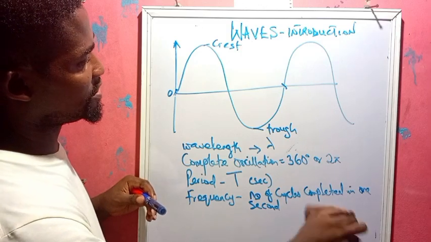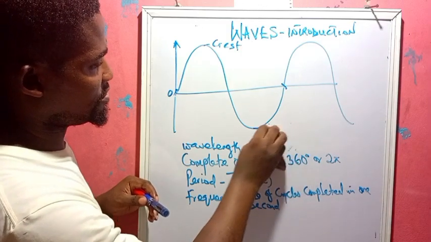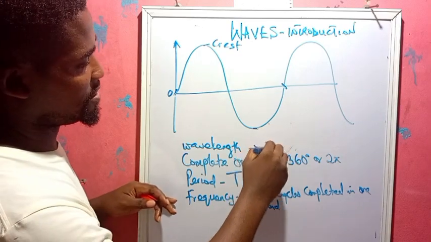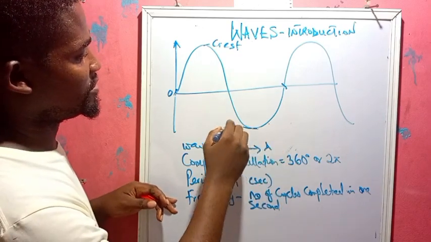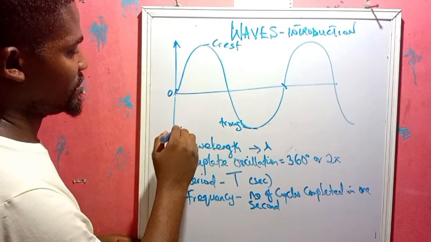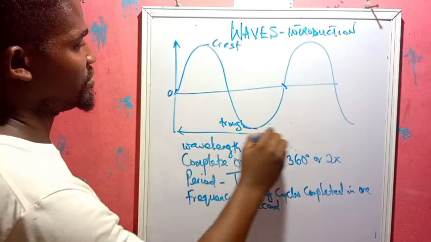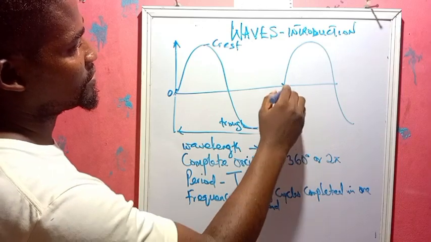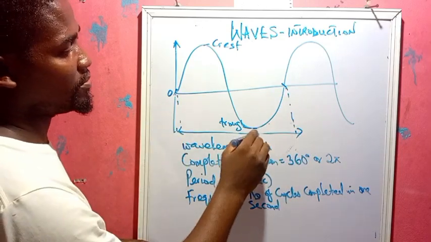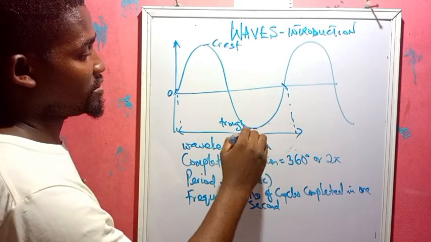I want to explain some things here, so I'll rub this off now. Okay, this is lambda. We say this is the trough. Now, from here to this point is called one complete oscillation, and the distance there is what?